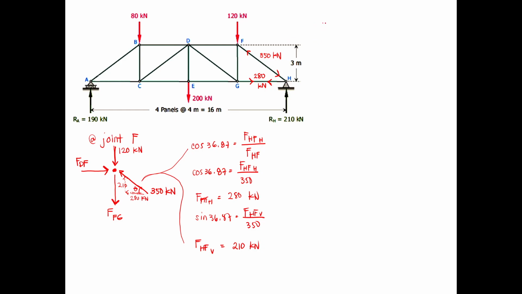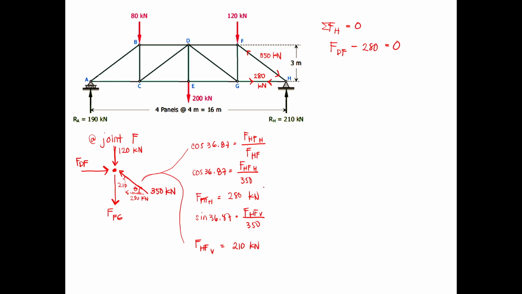Right? So summation of forces horizontal first is equal to 0. At joint F, force DF is going to the right, and then minus the horizontal component of force HF, which is minus 280, equals 0.